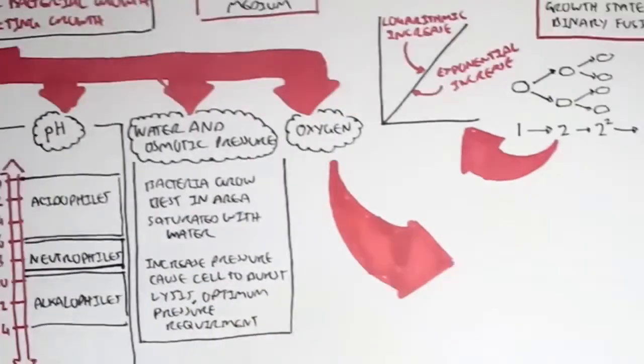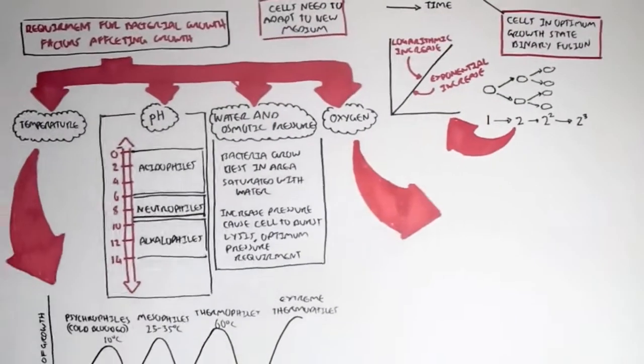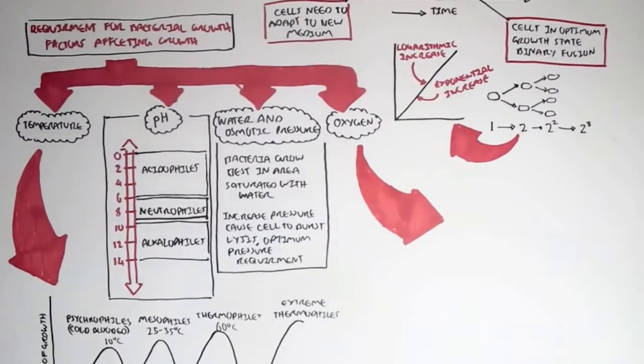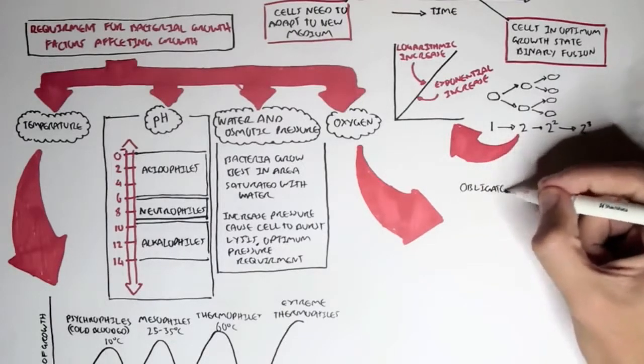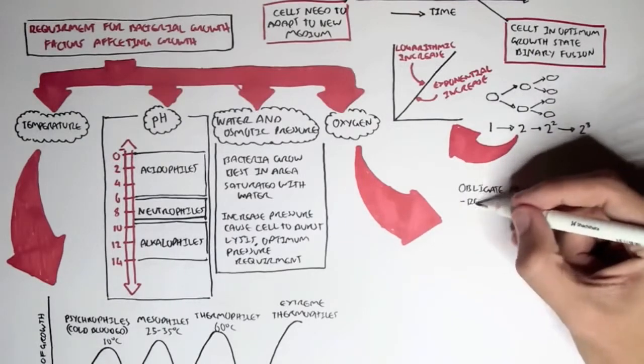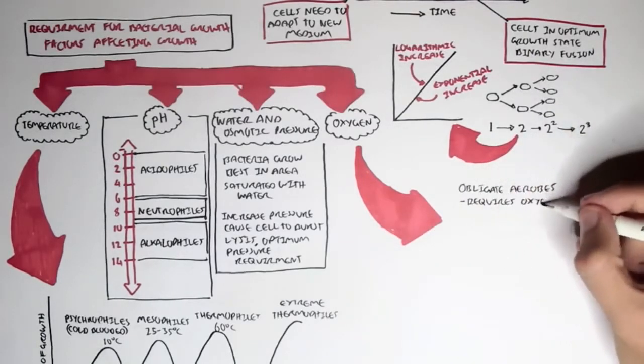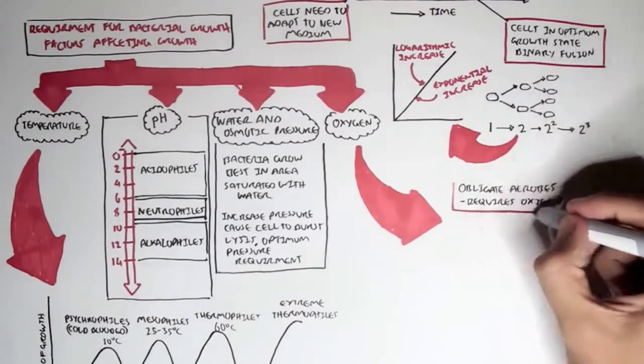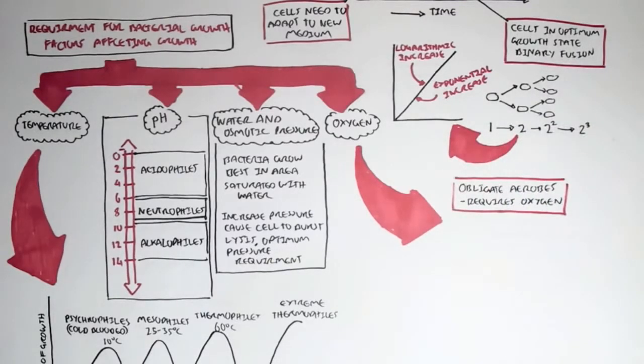Oxygen is another factor which greatly influences bacterial growth because bacteria can be either anaerobic or aerobic or in between. So let's look at some classifications of bacteria with oxygen. First of all, we have what's called obligate aerobes, which means these are the types of bacteria which require oxygen in order to survive.